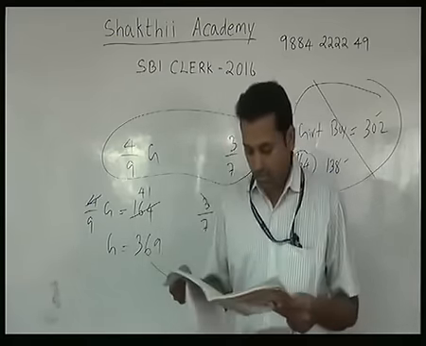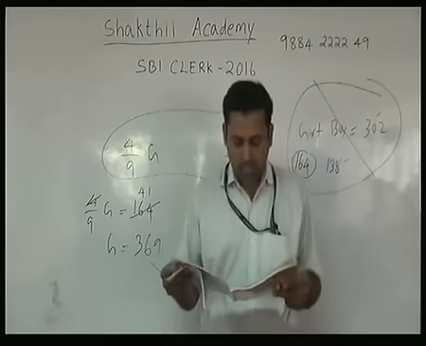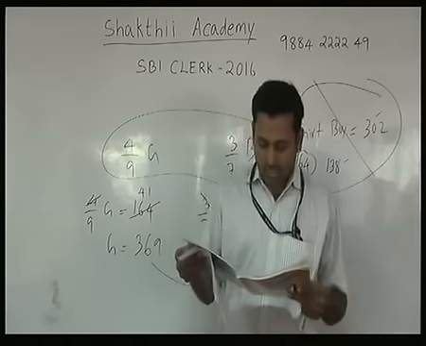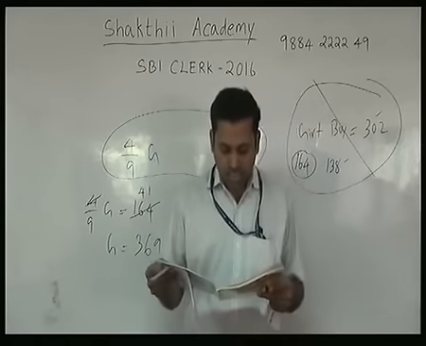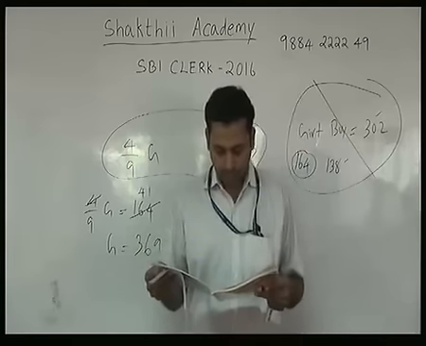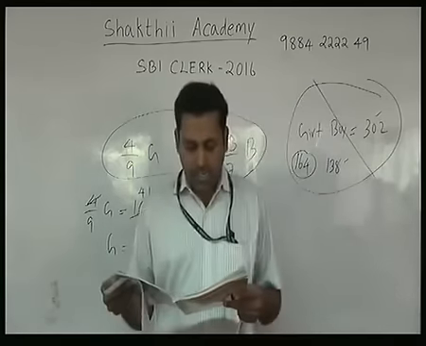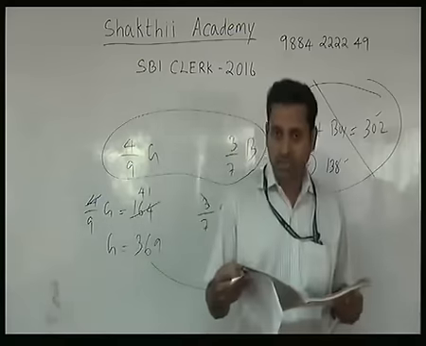Such that the ratio of chocolates received by A to those received by C was 7:9.